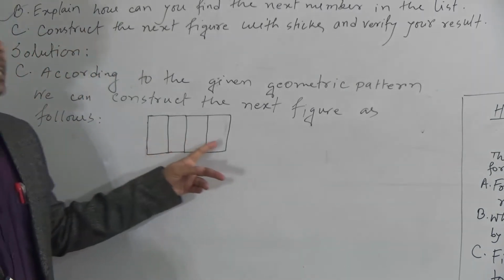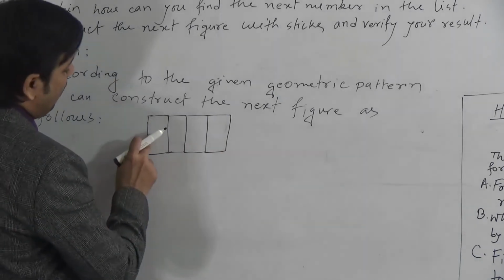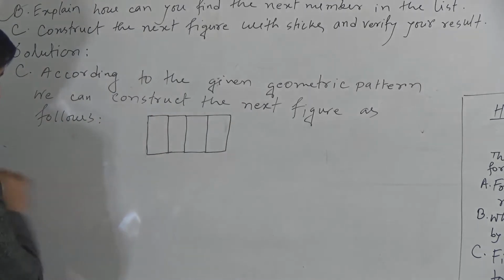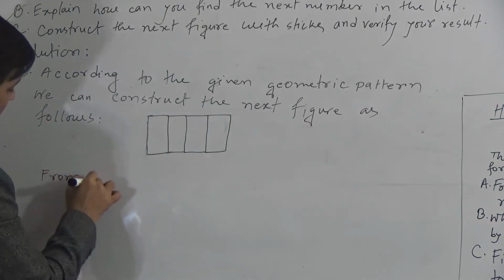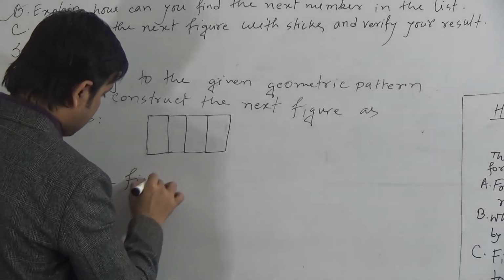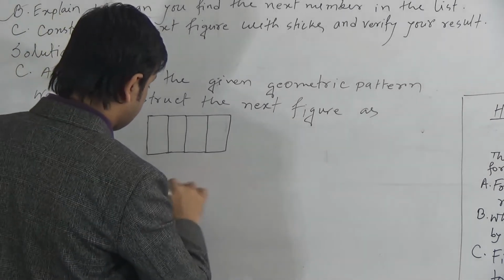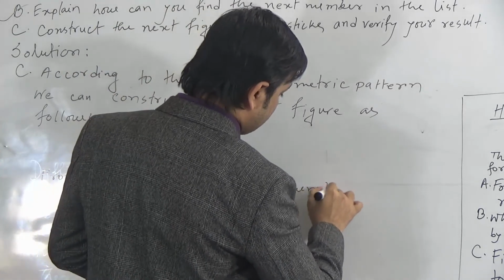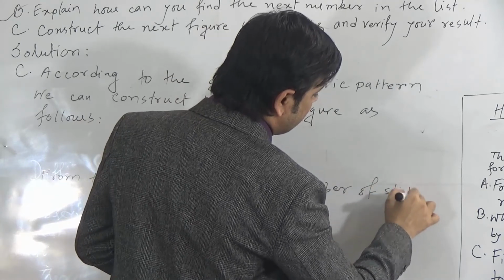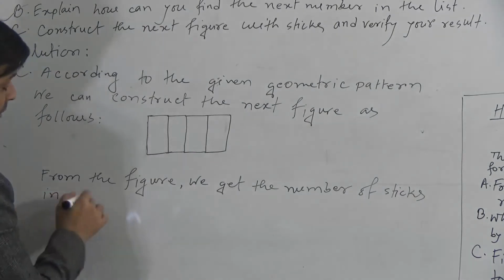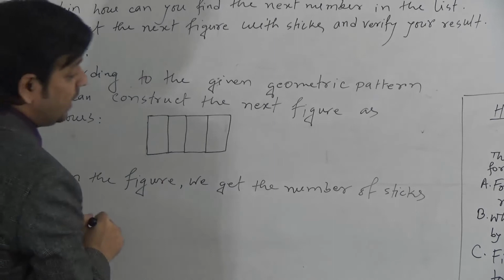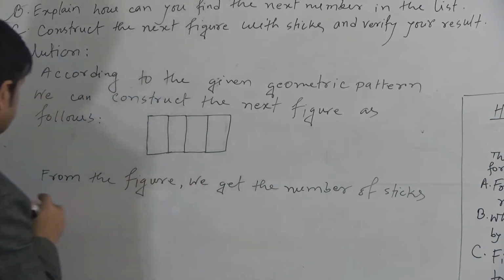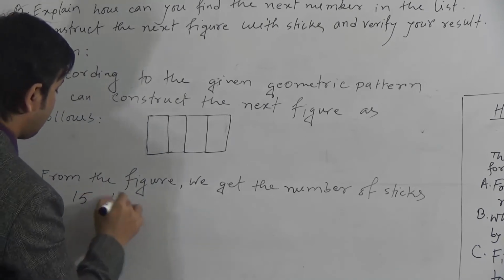Now if we count the number of sticks in this figure, we will get the number of sticks in the fourth figure. 1, 2, 3, 4, 5, 6, 7, 8, 9, 10, 11, 12, 13.